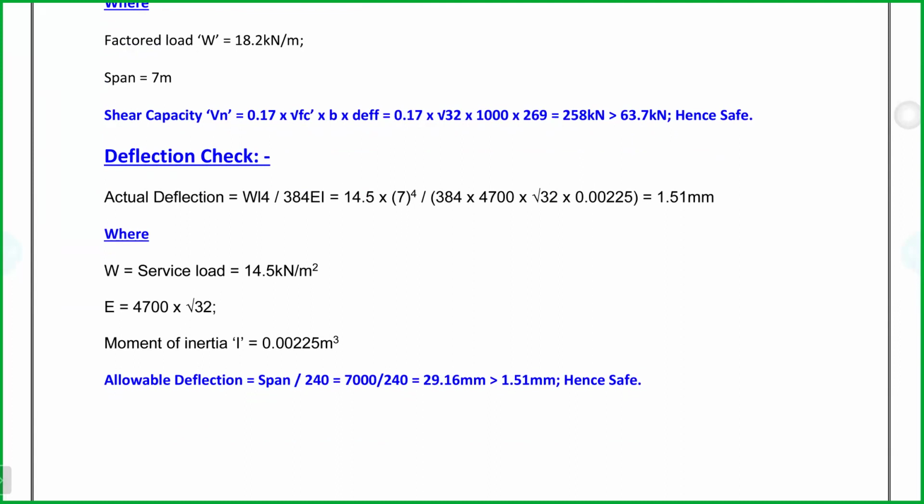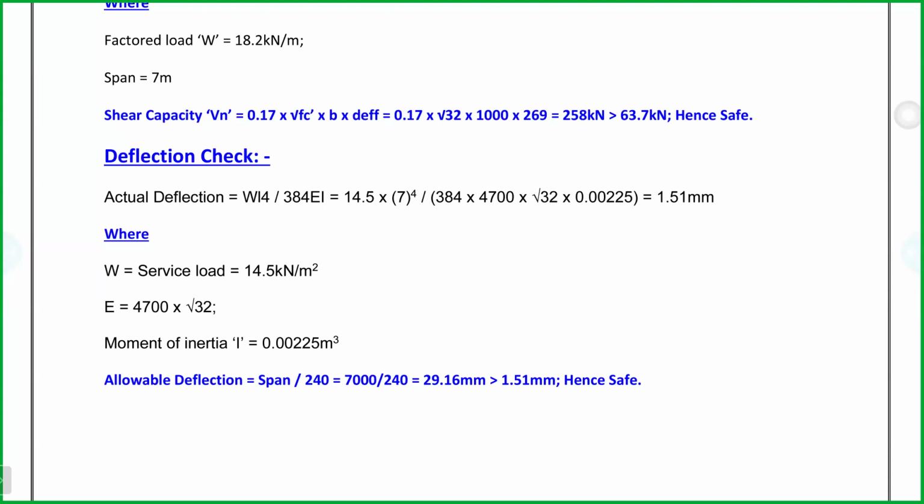There's only one case where the two-way shear equation will apply. Slabs you will have both, one-way shear and two-way shear. Two-way shear participates when you don't have beams. You get my point? When the slab is supported by beams, then only one-way shear is going to be governed.